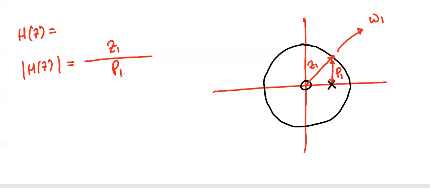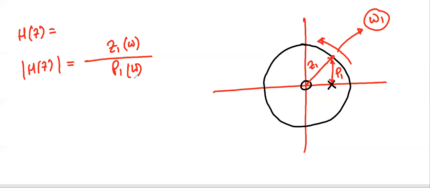This actually gives us the magnitude response at omega 1. Whenever omega is moving, these two terms, Z1 and P1, are also moving. They are definitely functions of omega. When omega changes, they will change their values.